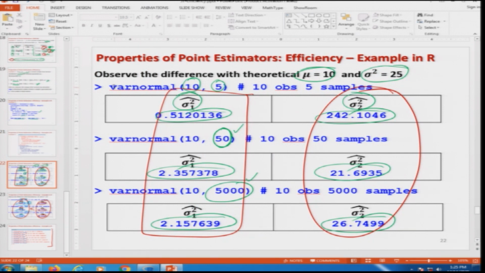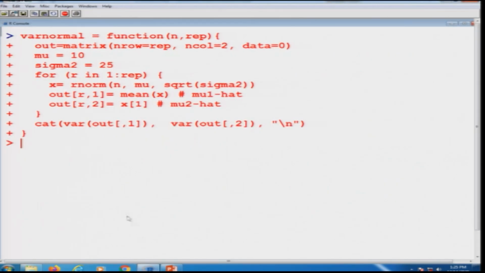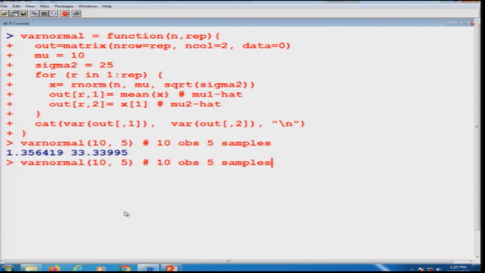You can see these are the values, and if you try to increase the number of observations over here, you can see here 100 observations, these values are like this. So, I would like you to conduct this experiment, convince yourself, and try to understand what is happening inside this phenomenon.